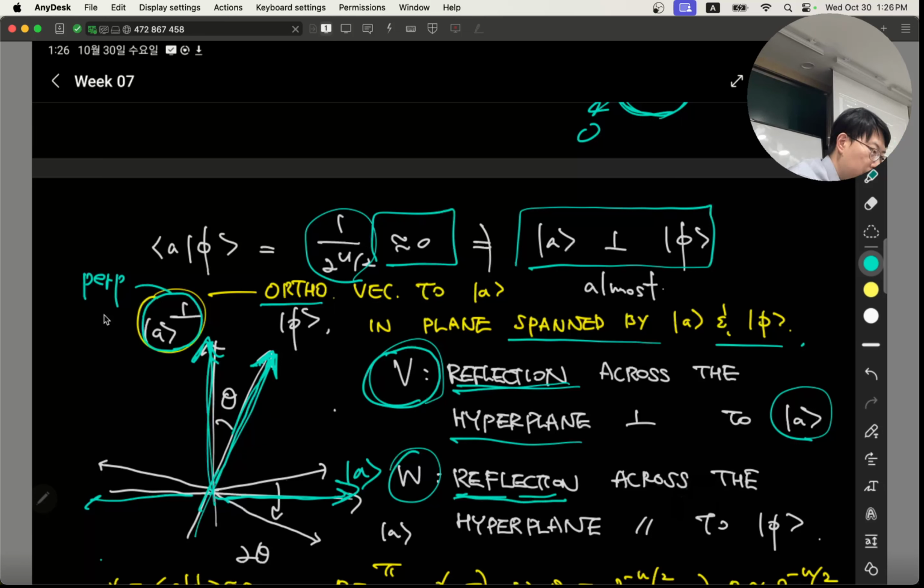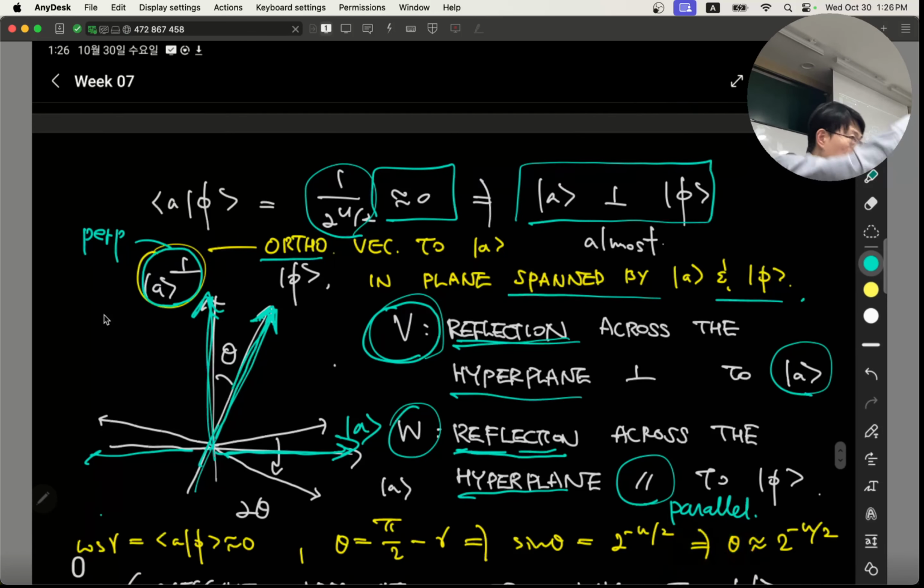So W is a reflection across a hyperplane parallel to phi. I thought it was a perp, but it's parallel, because it keeps the phi direction, but the other direction, A, is reflected to the negative direction.